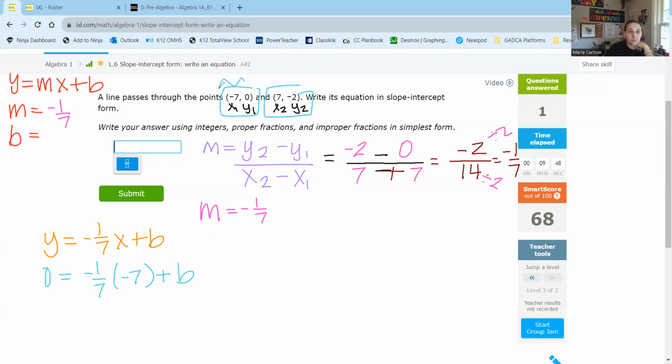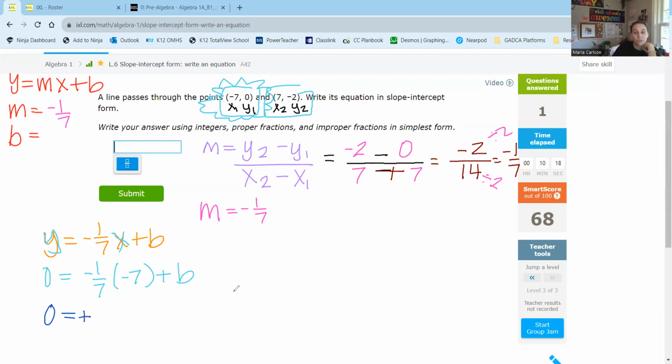So we selected this point. Our x is -7, so I substitute -7 in where I see x. And our y is 0, so I substitute in 0 where I see y. Now I simplify a little bit. 0 is going to be equal to -1/7 times -7. I know that a negative times a negative is going to equal a positive.